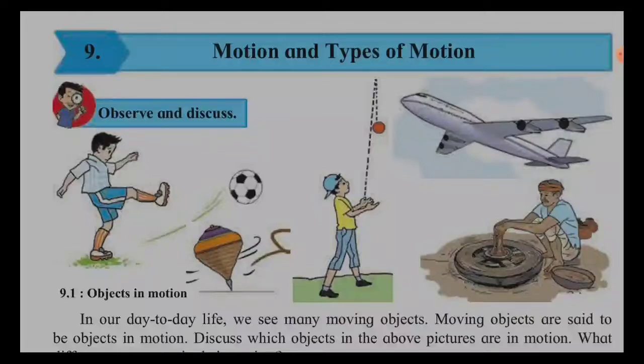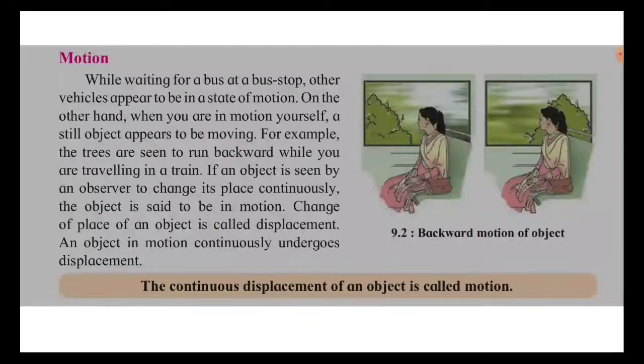So these pictures show us different types of motion. Which motion is called what, and the definition of that motion, we will be studying in this chapter. But first of all, any object that is moving is said to be in motion. First of all, what is motion?